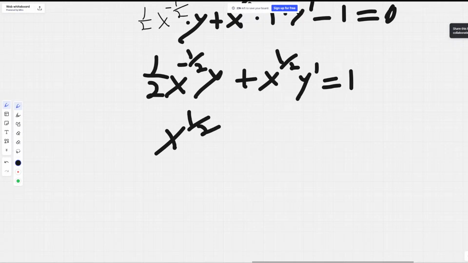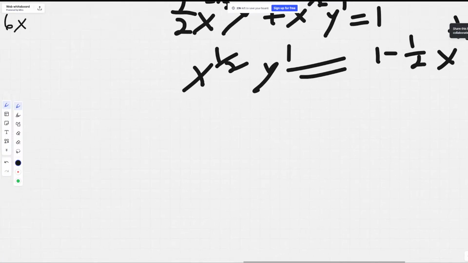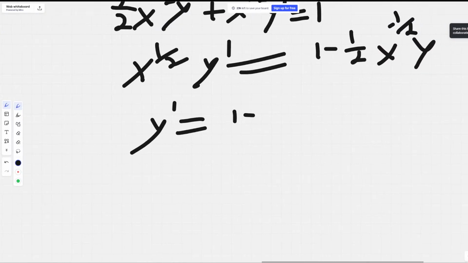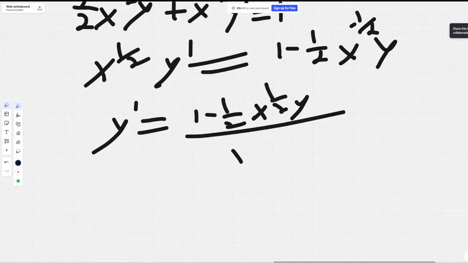Distracted. X to the power 1/2 times y prime, with the largest equal sign in the universe, equals 1 minus 1/2 x^-1/2 y, thus y prime equals 1 minus 1/2 x^1/2 y all over x to the 1/2.